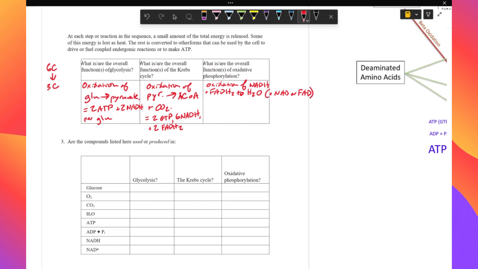Although those are less important. This also generates protons, or hydrogen ions.